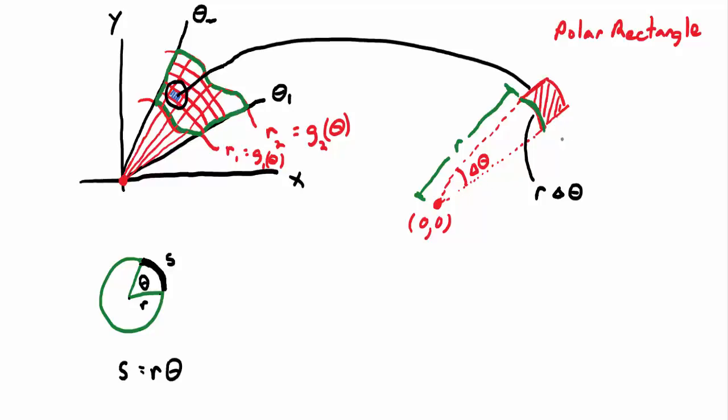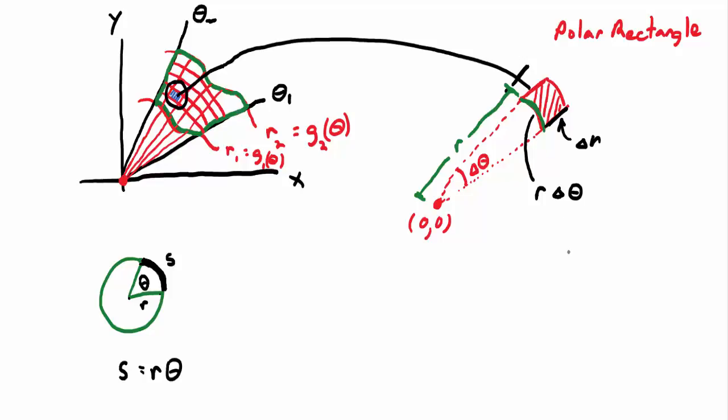And then we could think of this side right here as a change in r. This side could be a delta r, because over this little sub-polar rectangle, r is changing from whatever this length is to here. So this smaller length right here is delta r.